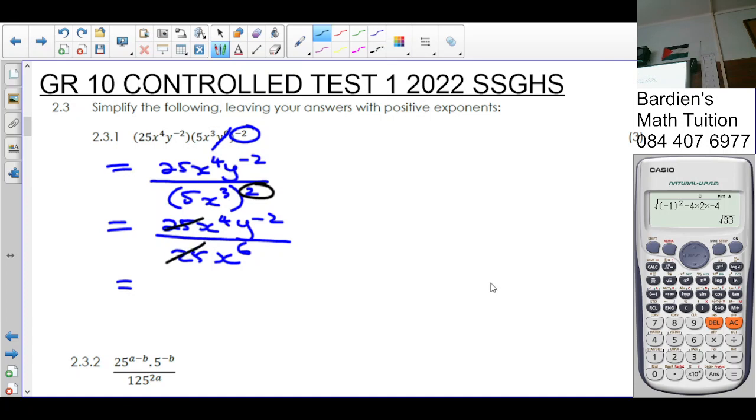Where are there more x's? Denominator. So it's going to be 6 minus 4 is 2. Because this y is negative, where must it go? Denominator. So it's going to be y squared. And there must be a 1 on top.